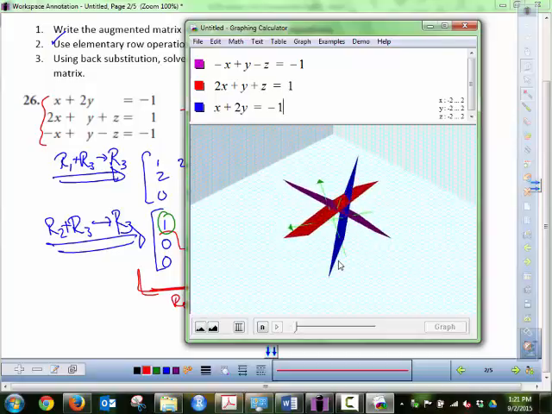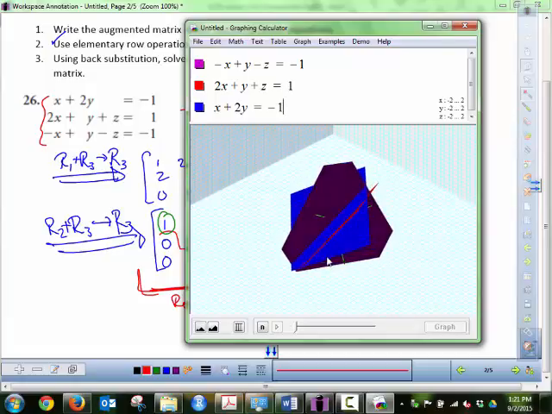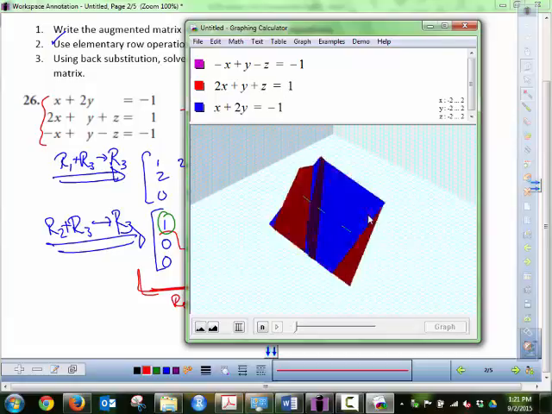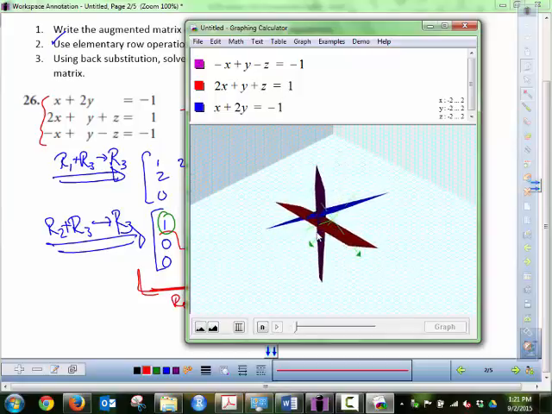Well, I guess they're not all parallel, but two of them intersect, then the other two intersect, and so there's no parallel planes here, but these three planes don't look like they intersect in one line or at exactly one point at the same time.